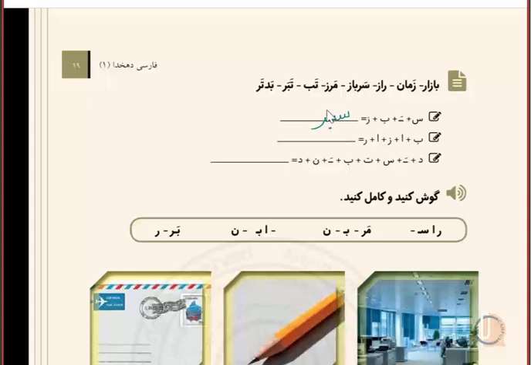Sabz, I use the small forms because they are at the beginning and middle position. Sabz is green. Bazar, dast band. Dast band, bracelet.